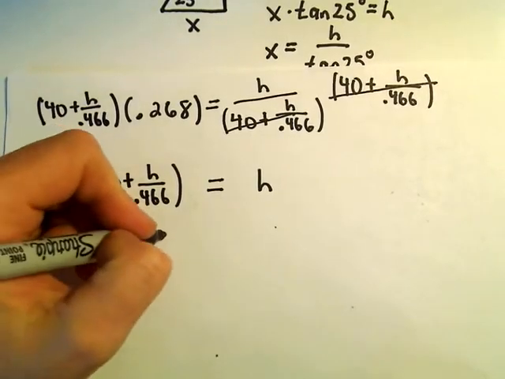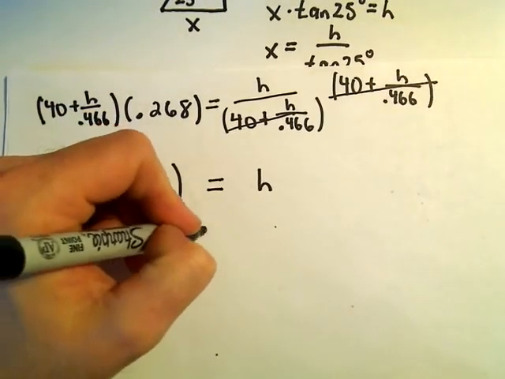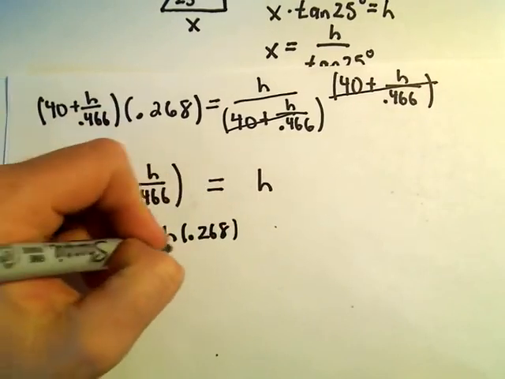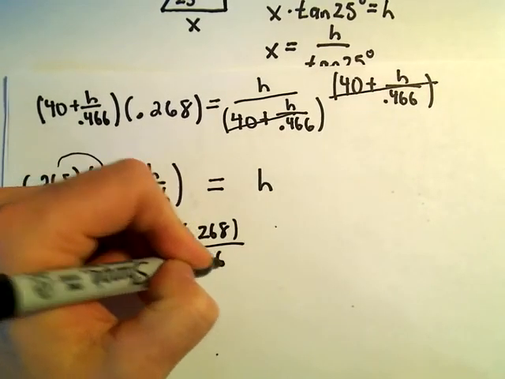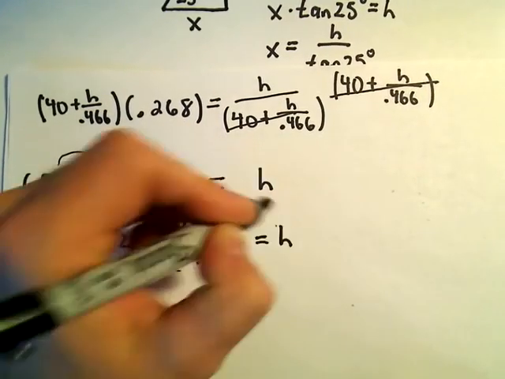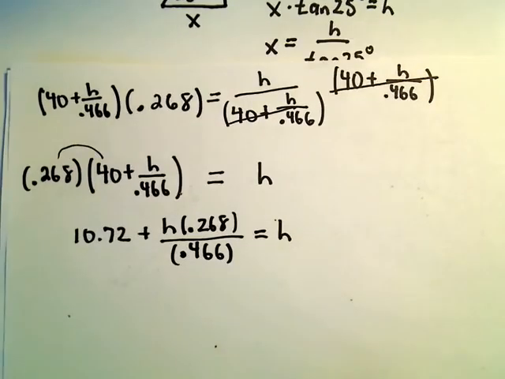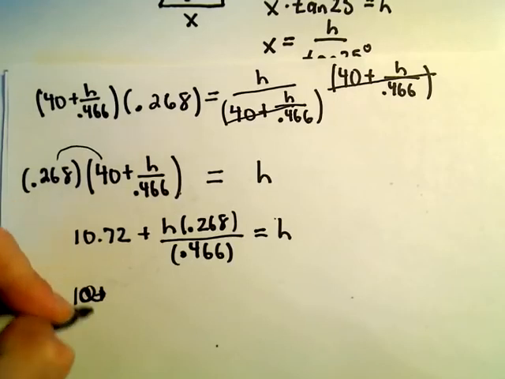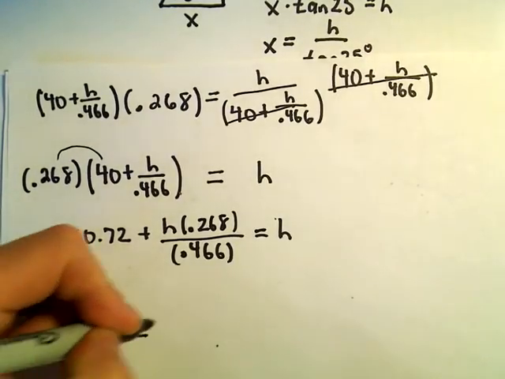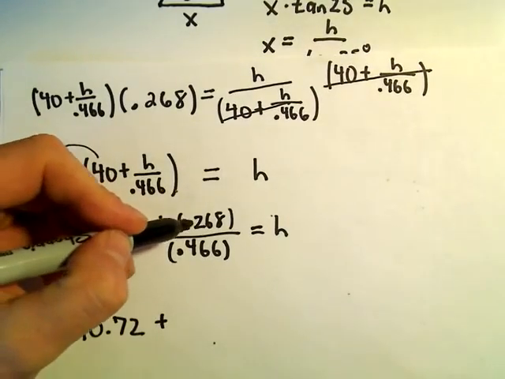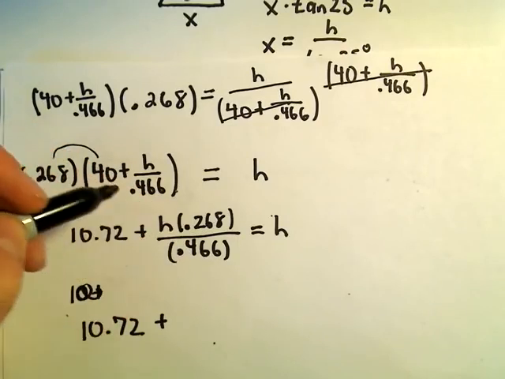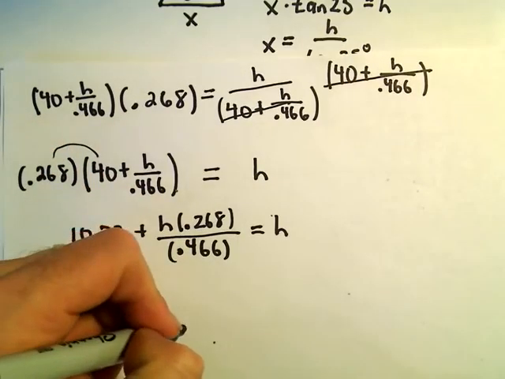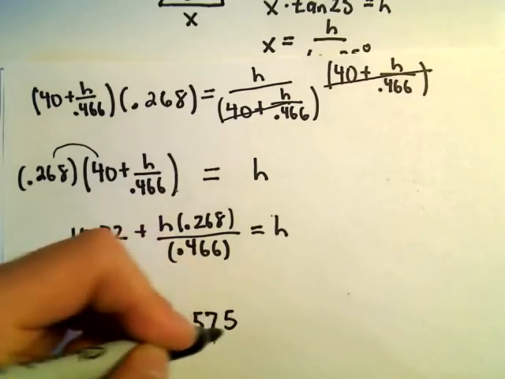And then we would get h times 0.268 over 0.466 equals h. So let's see, 0.268 divided by 0.466, I'm getting that to be 0.575.